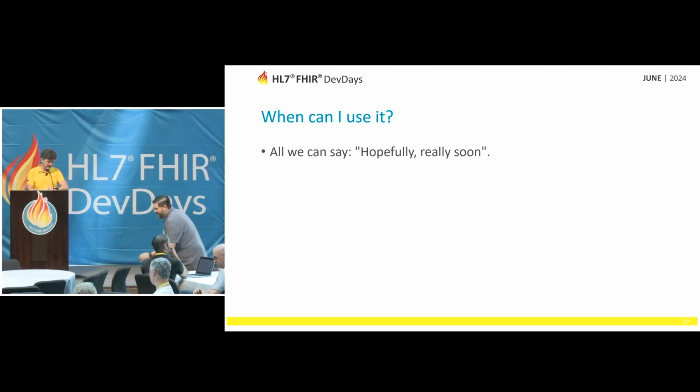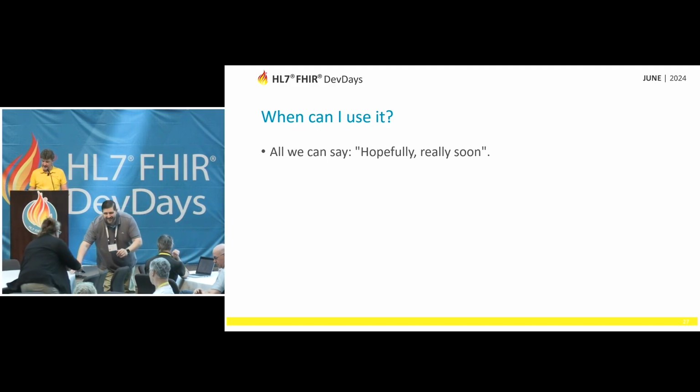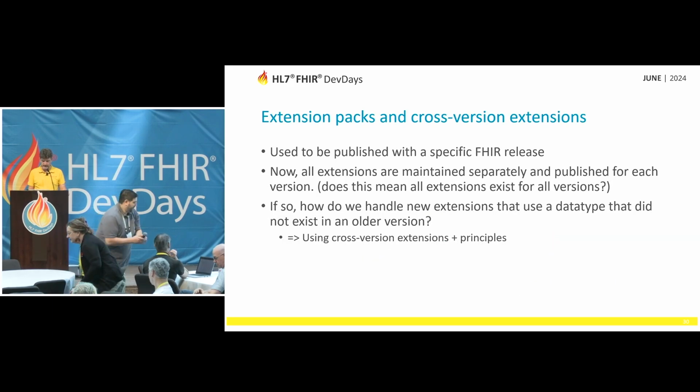I think there must be tons of questions, but I have one minute more, so I have one more slide. I always got confused when looking at this, as it has an overlap with the extension packs that we're also publishing. One of the things you sometimes wanted was to use a cool new real extension from a new version of FHIR in your older version. So we're not talking about a new data element, but someone published a new extension in R5 that you'd really love to use in R4.